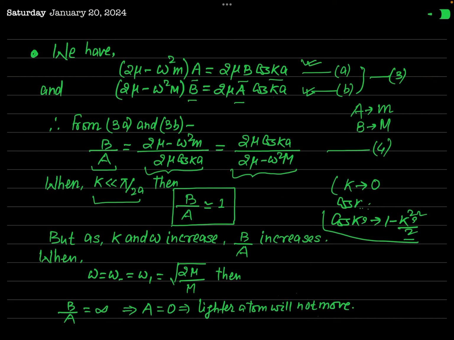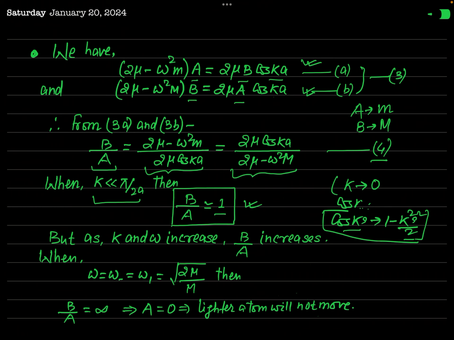I have taken the second term for a good approximation. When you apply this in equation 4, you get a simple result. I have not done the algebra here, but you can do it yourself: when k is very small in comparison to pi over 2a, b over a is almost equal to 1.